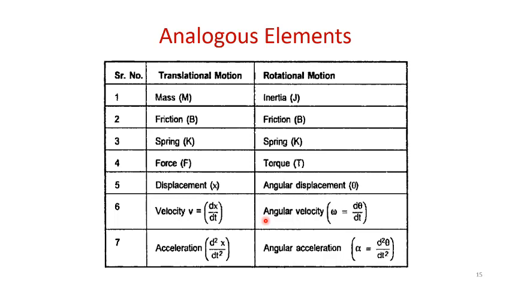In rotation it is read as angular velocity, that is omega equal to d theta divided by dt. In translation we have linear acceleration, d square x divided by dt square. In rotational motion we have angular acceleration represented as alpha equal to d square theta divided by dt square.